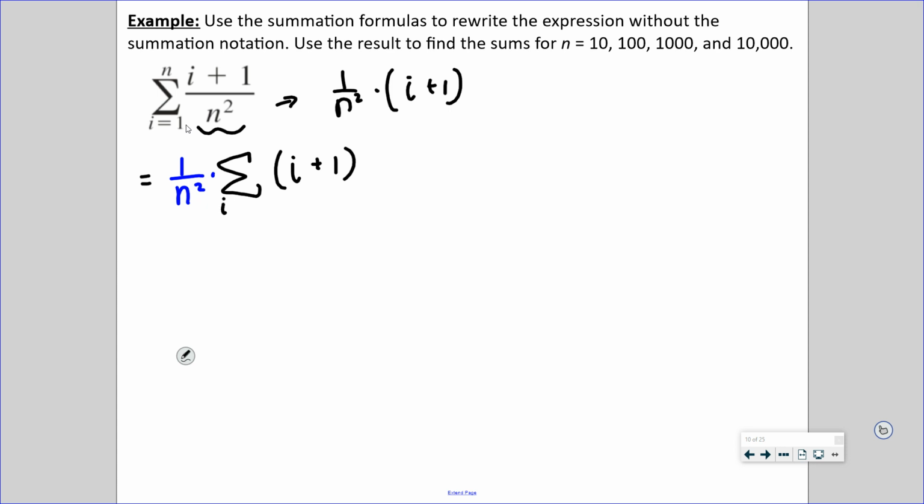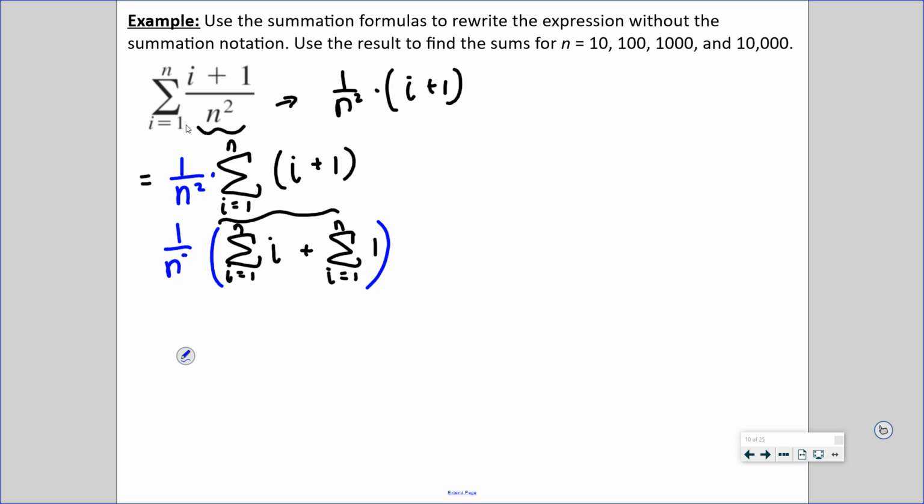Okay. Then I see I have that addition sign, so I can break that up. I don't want to say sum because I don't want to confuse you with summation. Okay, so I'm going to break this up like that. And then I just wrap parentheses around this because this whole thing is being multiplied by that constant.